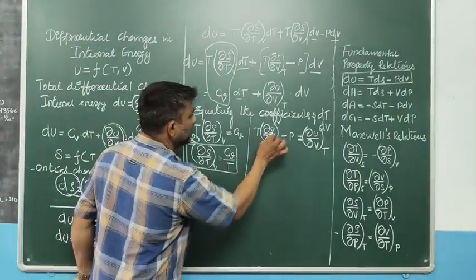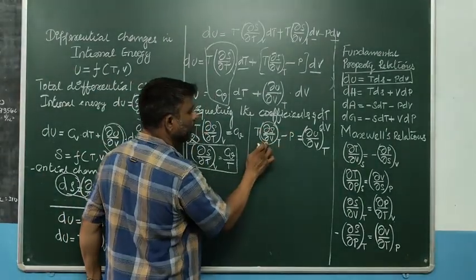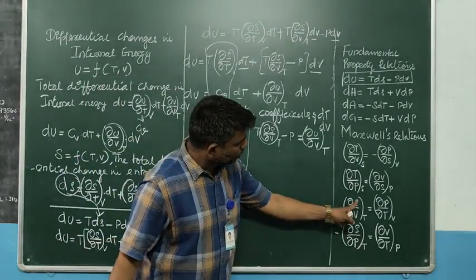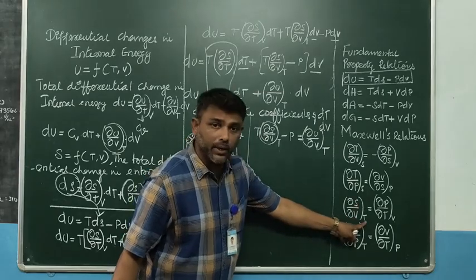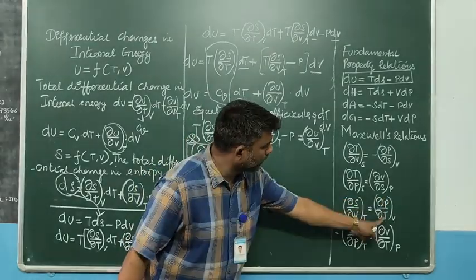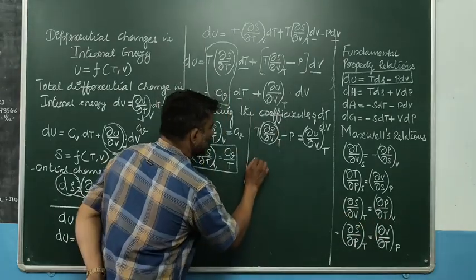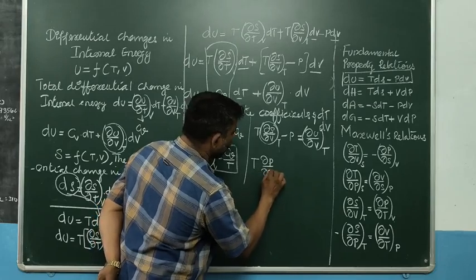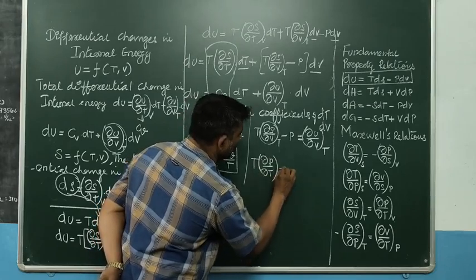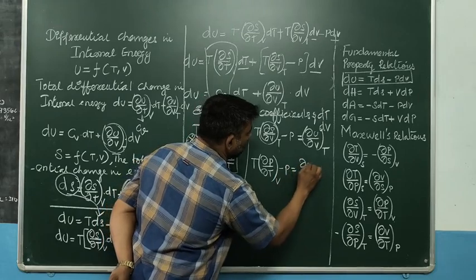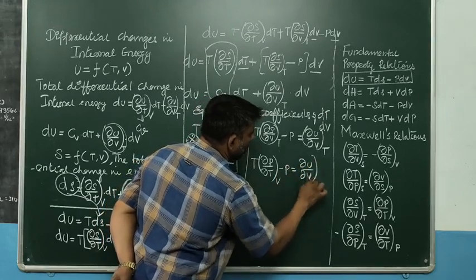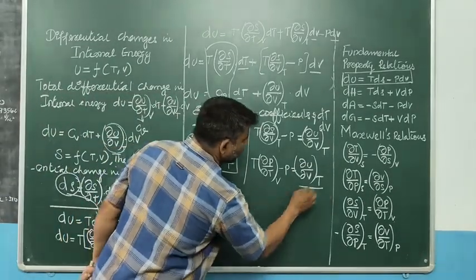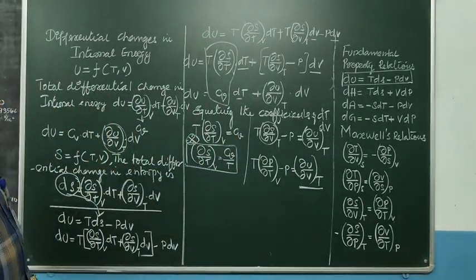Now I am going to change this (∂S/∂V) at constant temperature by using Maxwell's relation. (∂S/∂V) at constant temperature is equal to (∂P/∂T) at constant volume. So T into (∂P/∂T) at constant volume minus P is equal to (∂U/∂V) at constant temperature. Now I am going to substitute this value in this equation.